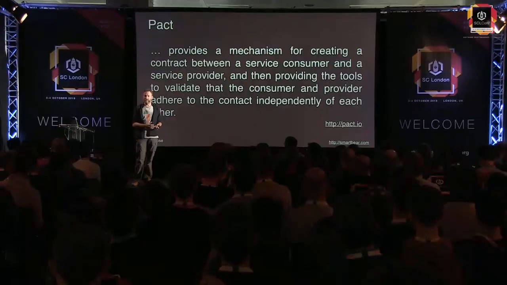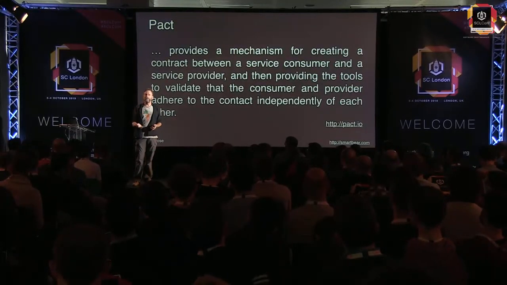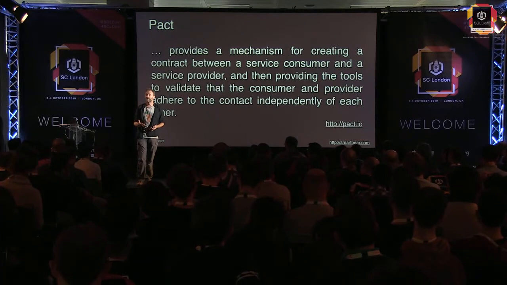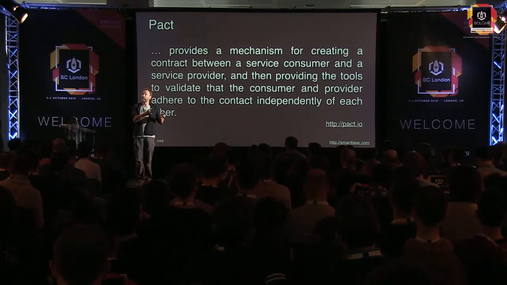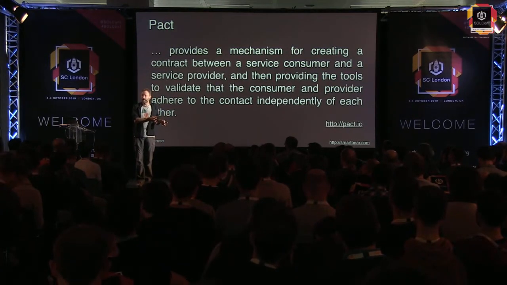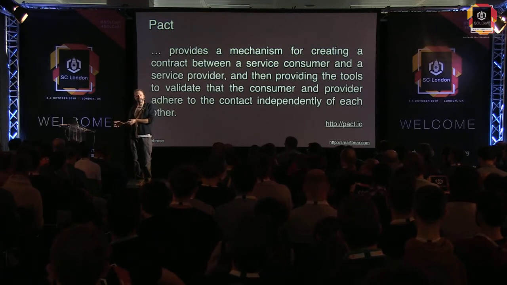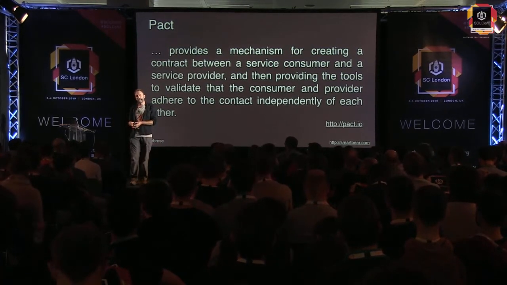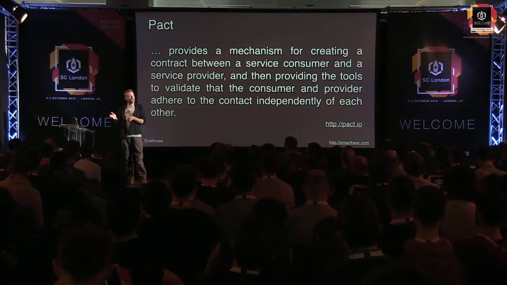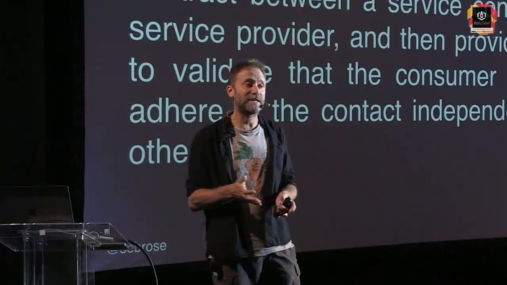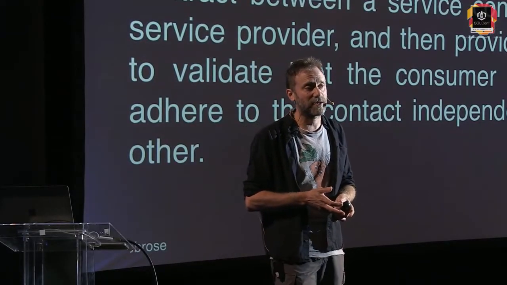So in a decoupled way, it uses a language-independent JSON representation to describe the subset of the contract that the consumer is interested in, and then passes it to the provider team to verify that their provider actually does satisfy that contract.